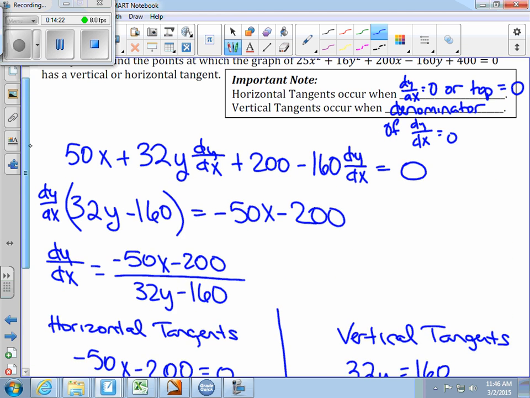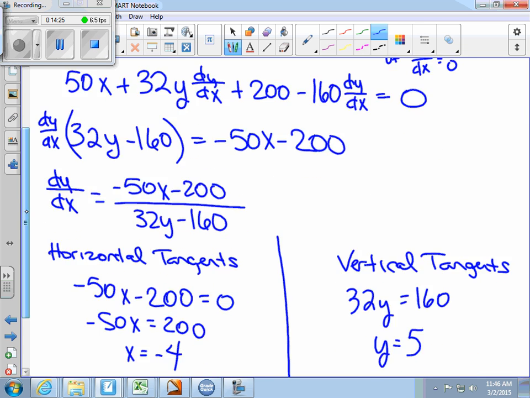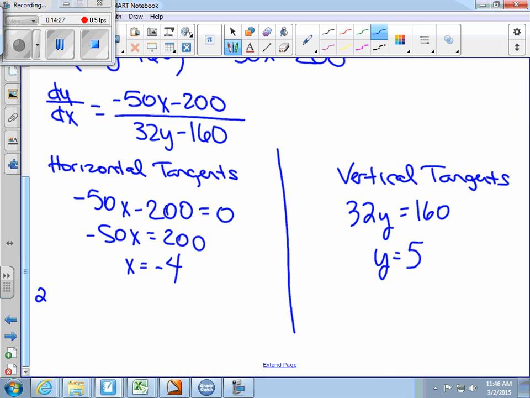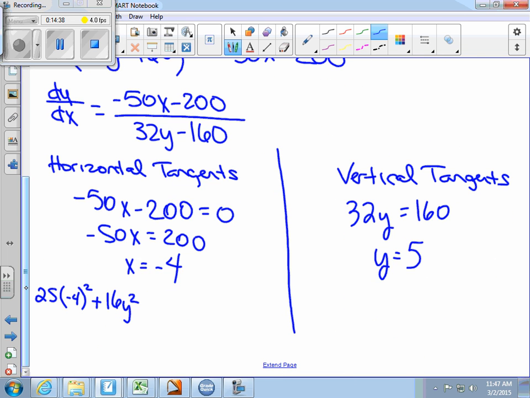So, 25x squared plus 16y squared plus 200x minus 1 is 2. Thank you.